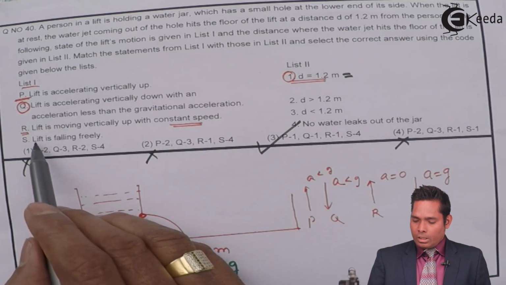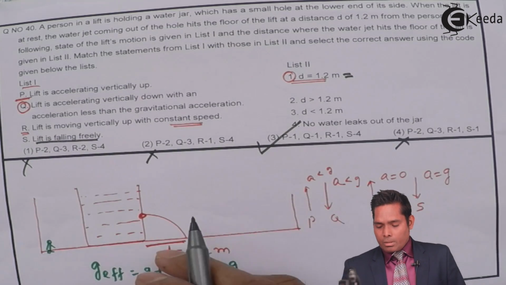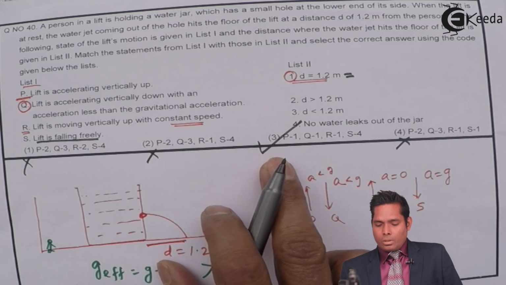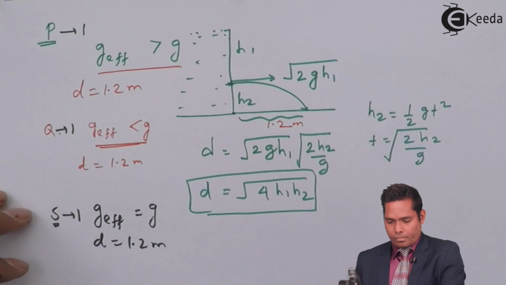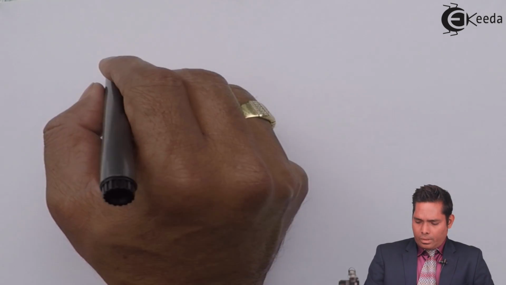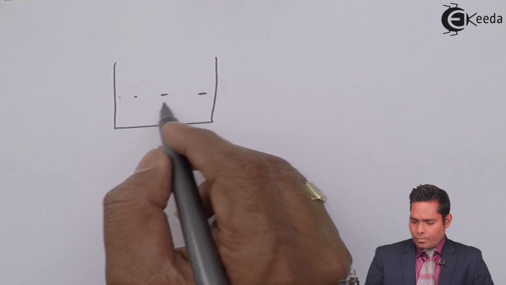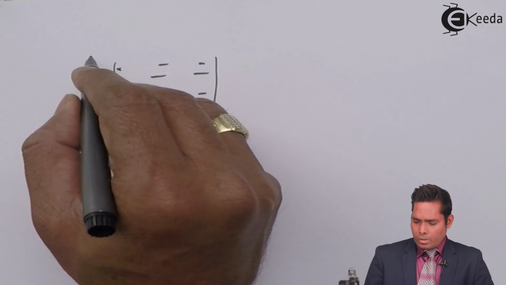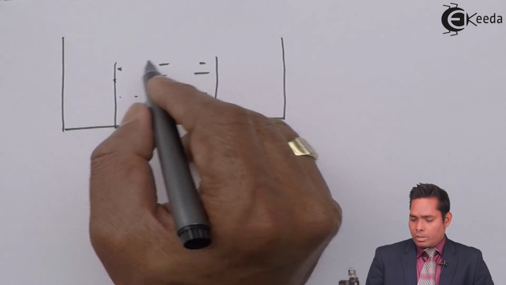Again, we'll see the lift falling vertically freely. What will happen? The answer is 3. Now we know that in this situation, this is the lift and this is the water in the container.